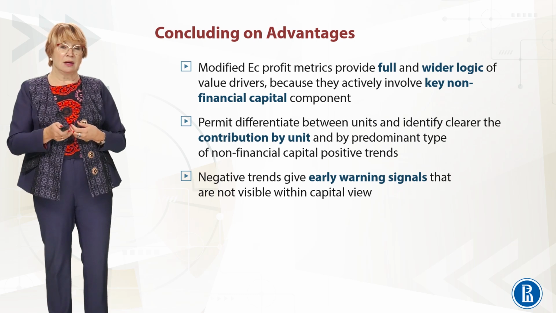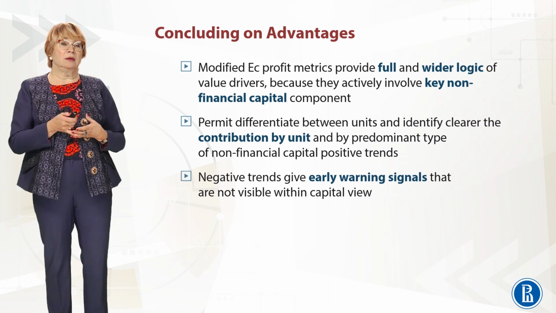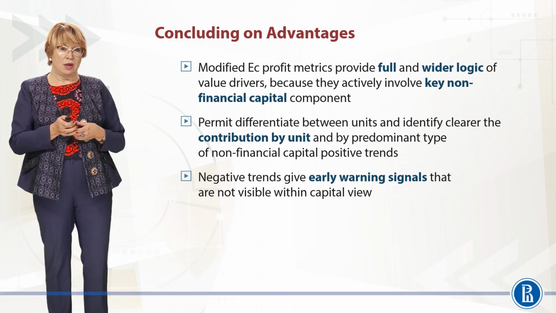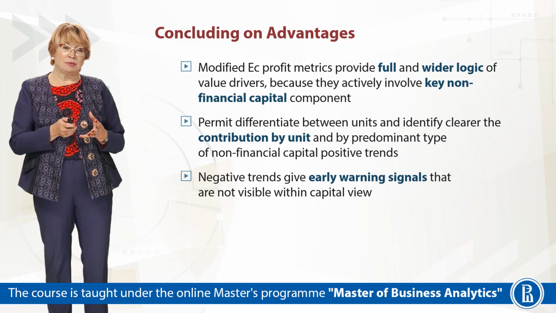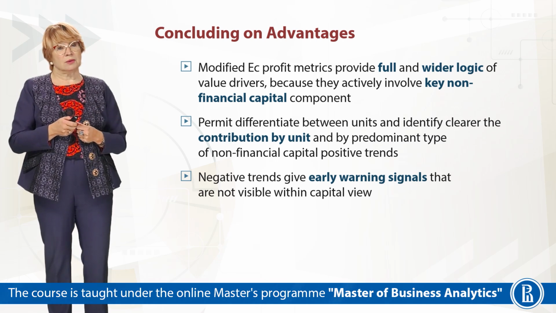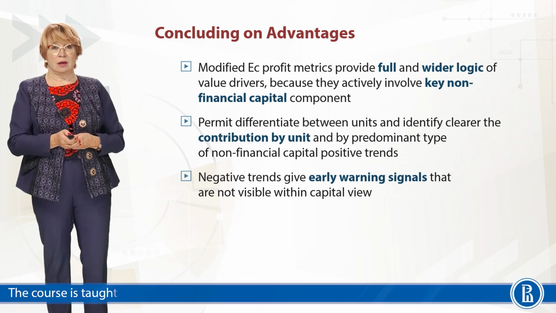And that's why it becomes more visible than in the simple traditional capital view. Everything matters, all types of metrics, the traditional capital viewpoint as well as those modified metrics. They also are very important.